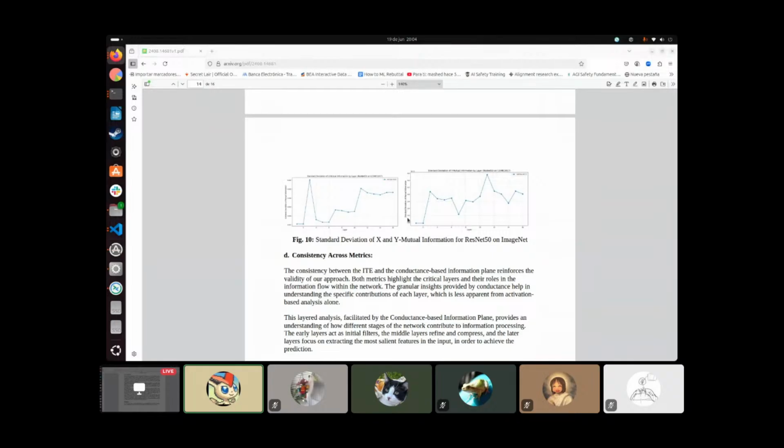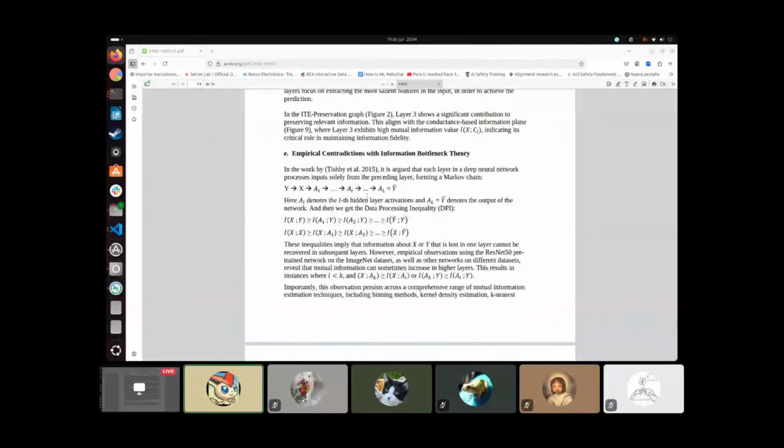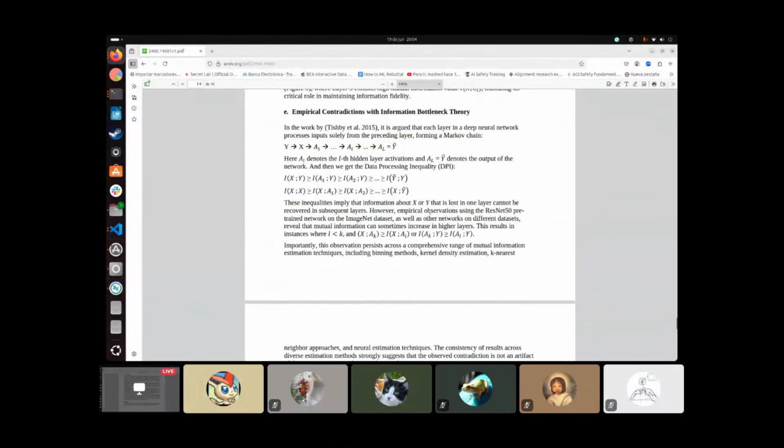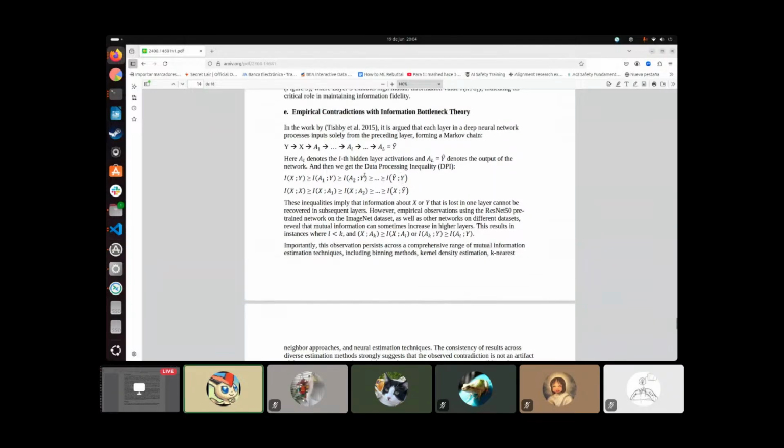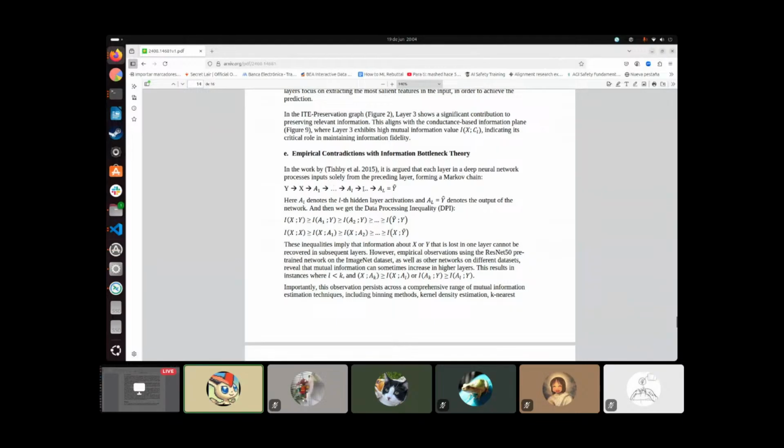I guess this just shows that maybe if the hypothesis claims that the neural net processes things directly from the previous layer, that would disprove it.